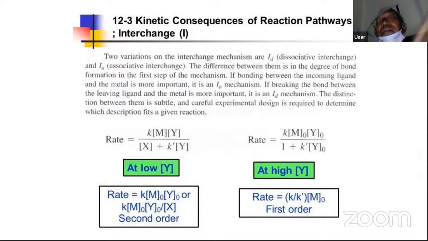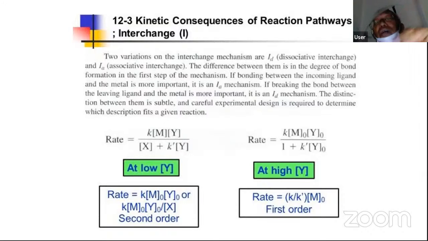You have 10, you become 11. 10 divided by 11, compared with 10 by 10, doesn't make a big difference. So this Y cancels, top and bottom. You get K1 divided by K prime M naught. This is a first order reaction, depending on the concentration of your complex.